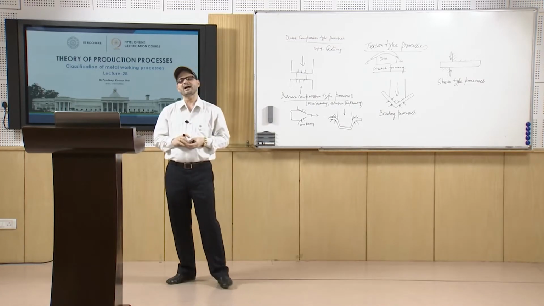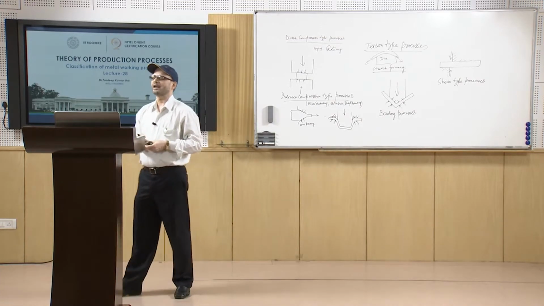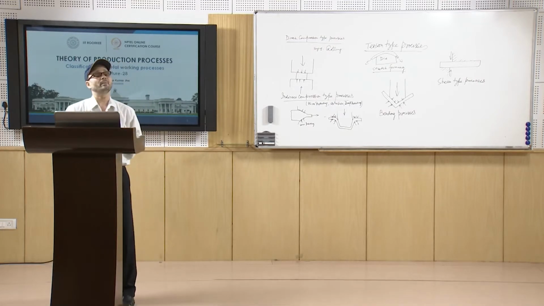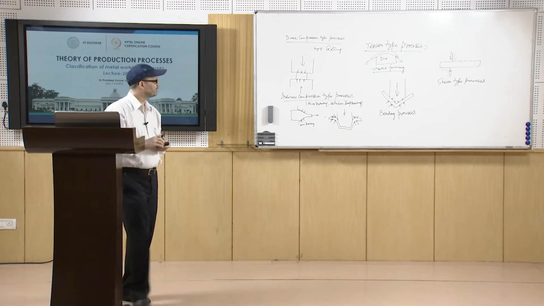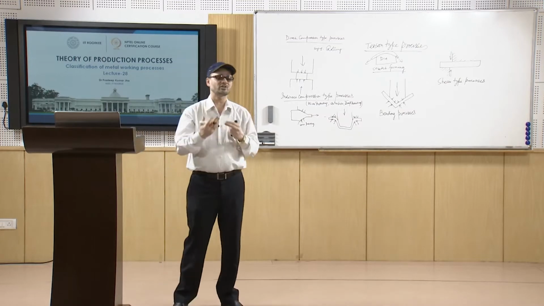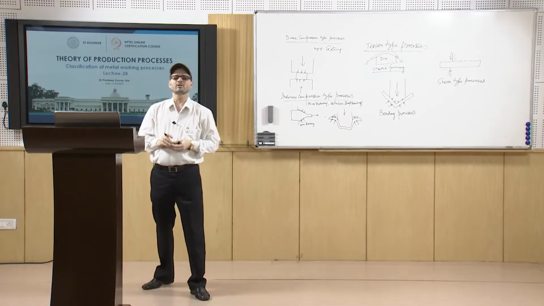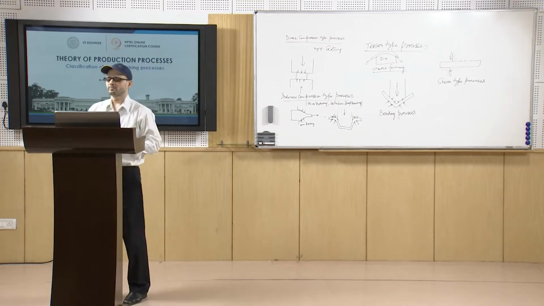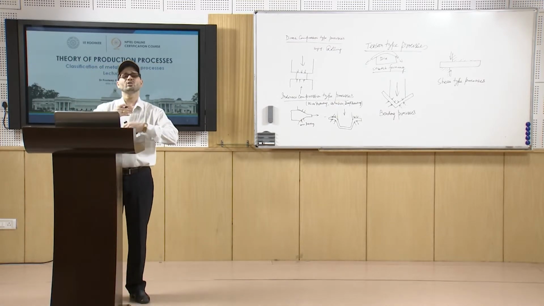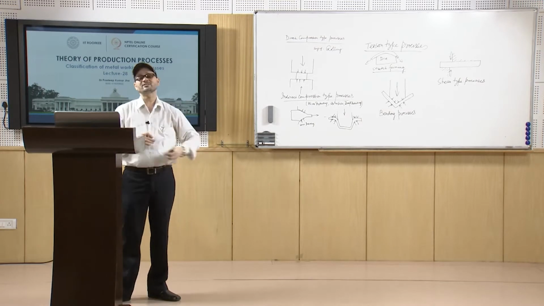So, that kind of processes are known as the primary metalworking processes, and when we talk about giving the final shape or finishing, then that is known as the secondary metalworking processes. That is also known as fabrication.